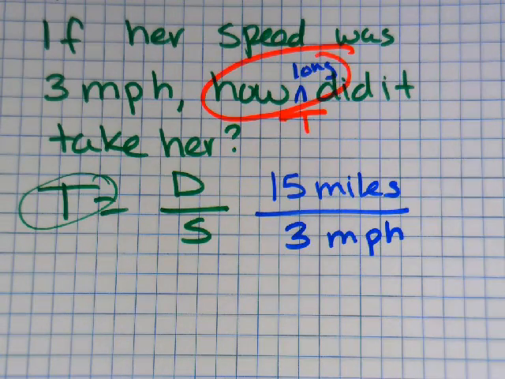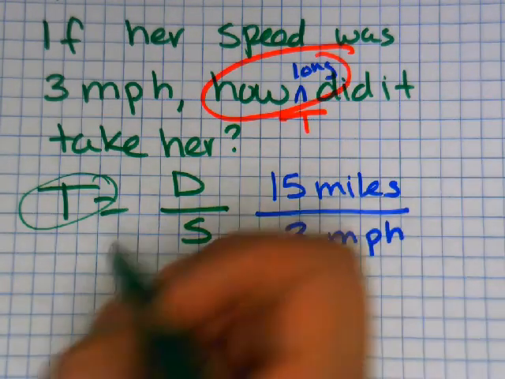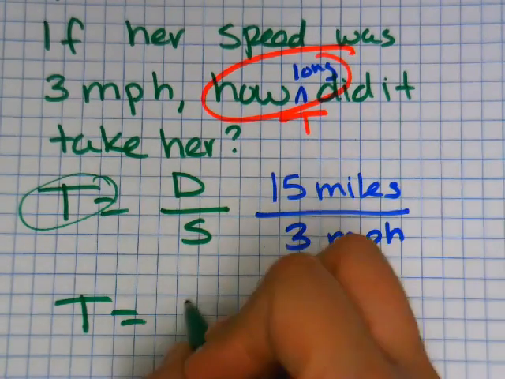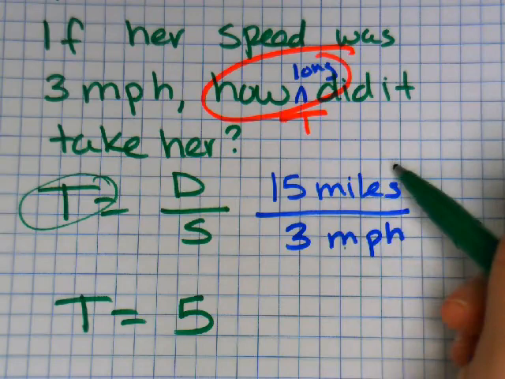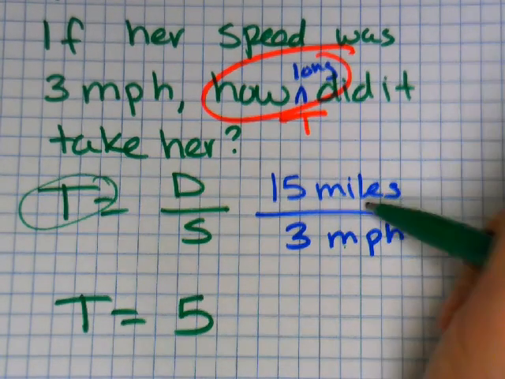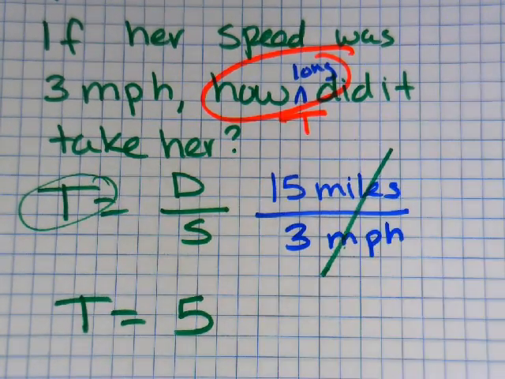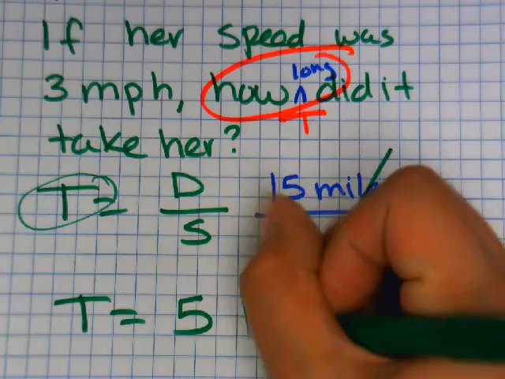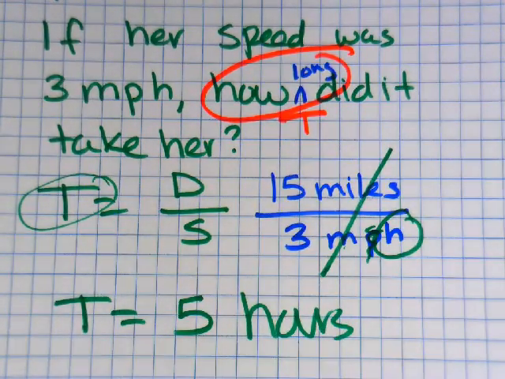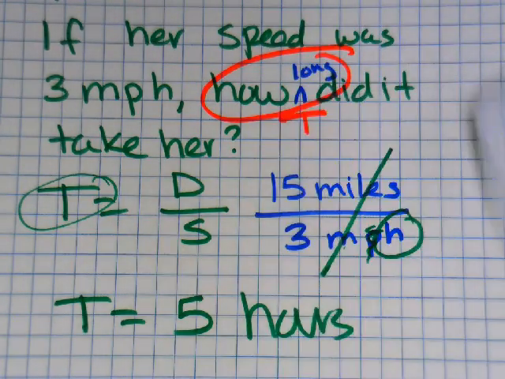No, because miles is not a time. We're learning. So the time is equal to 5. You see how the miles repeat? What do we do with repeating words? Cross them out. And then the P we just ignore. All we're left with is hours. So it took Ava 5 hours to run 15 miles in total.